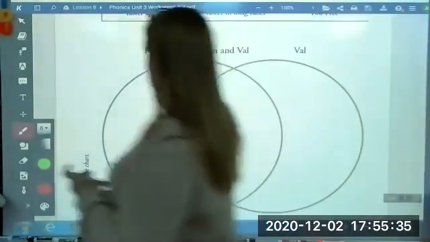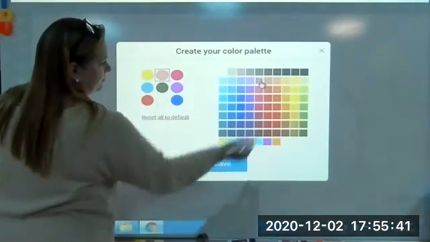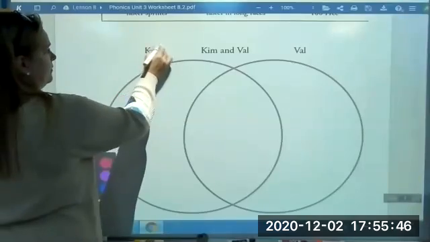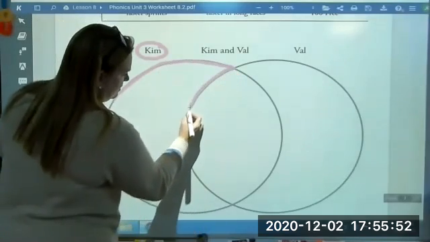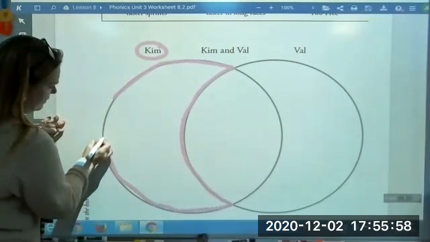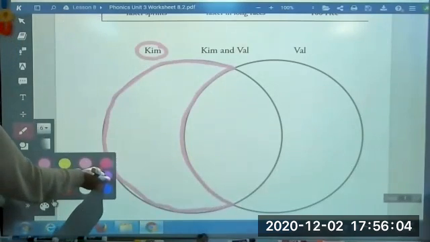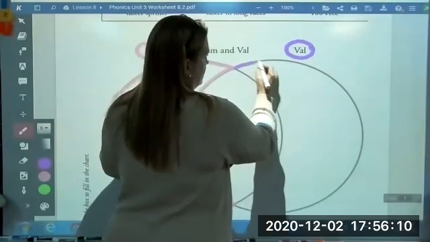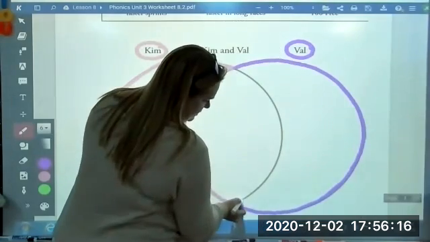What you're going to do is anything that is with Kim, let's just do her in pink, okay? Anything about Kim goes on this part of the Venn diagram. If it's just Val, it's going to go on this part.